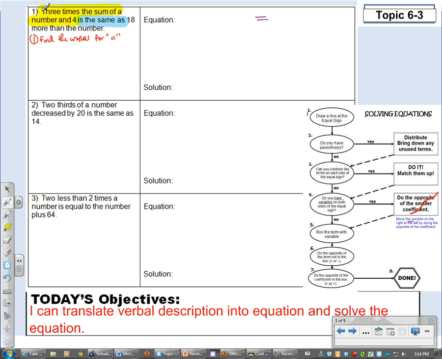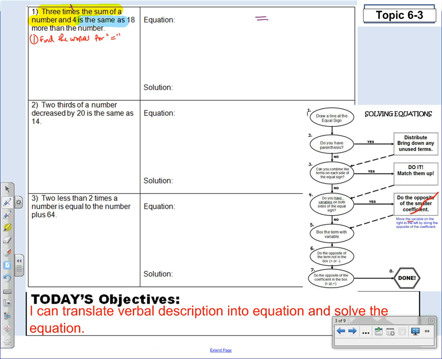Let's look at the words and see if we can translate. 3 times tells us we're going to be doing some multiplication. The sum of is a combination of both addition and multiplication. Sum of means I'm going to have some parentheses. That's where the multiplication comes in. But the sum tells us we're going to add. So as I'm thinking about this, I know I'm going to have parentheses with a plus sign in between.